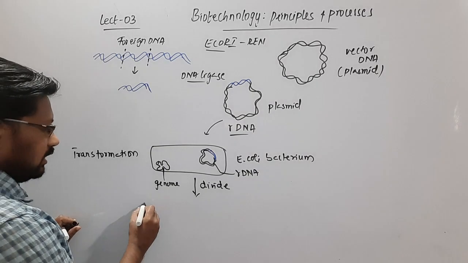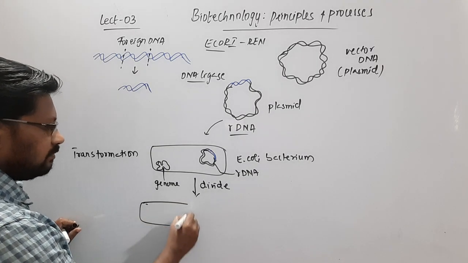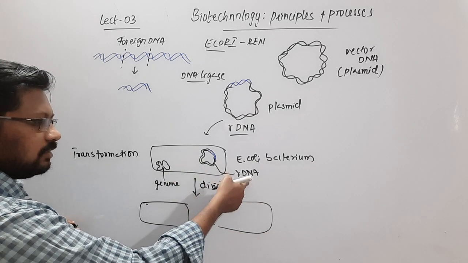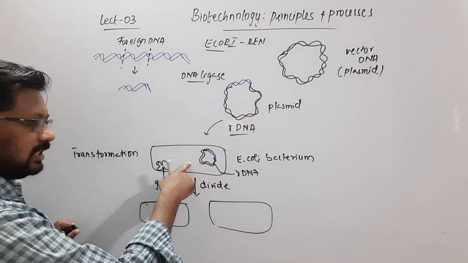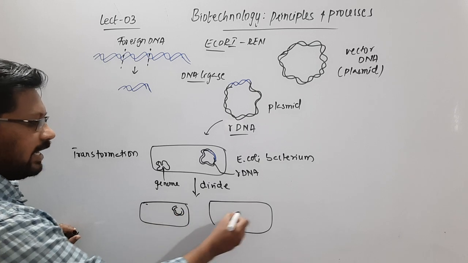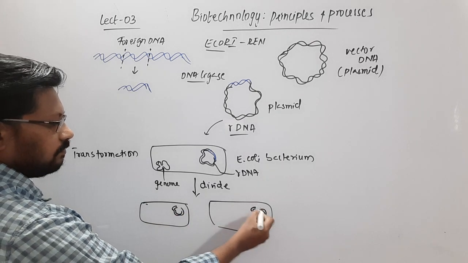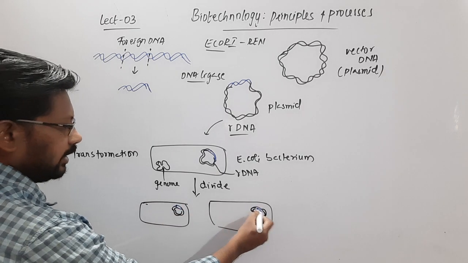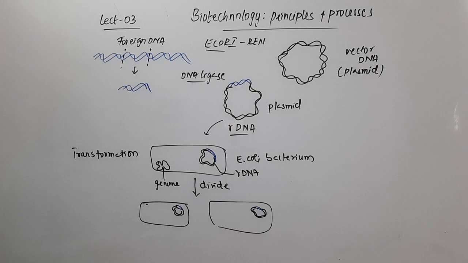When it is allowed to divide in the nutrient medium, the plasmid, or the rDNA, which is present in the E. coli bacterium will also divide along with it. So that will also divide, you can see, thereby making copies of the rDNA. That's what I call gene cloning. Of course, that will take place along with the cloning of the host.